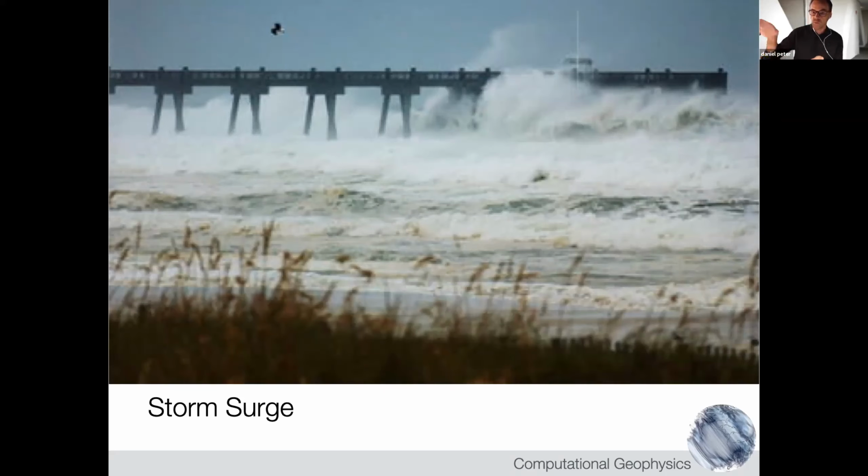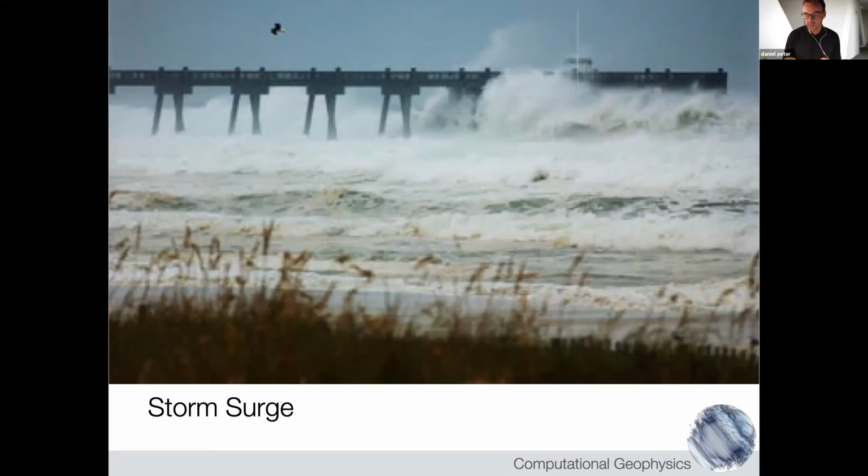So it's not only the waves which hit the shore, which are large due to the wind, but it's also the sea level rise due to that low pressure system you have above. And so when such a storm hits the coast, it has these two effects which worsen the effect.